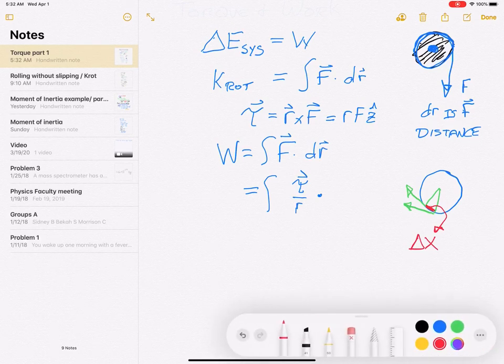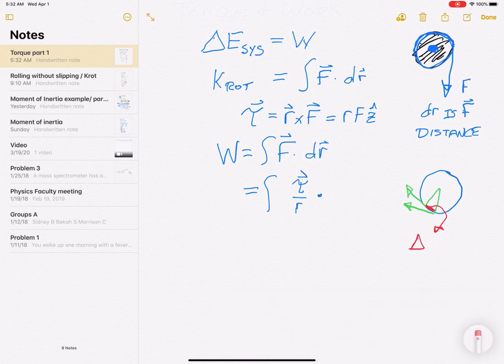Sorry about that quick error. That should be delta R. Each of these are R's. We've seen before that this delta R then is equal to the change in the angle times R. This is just the arc length.